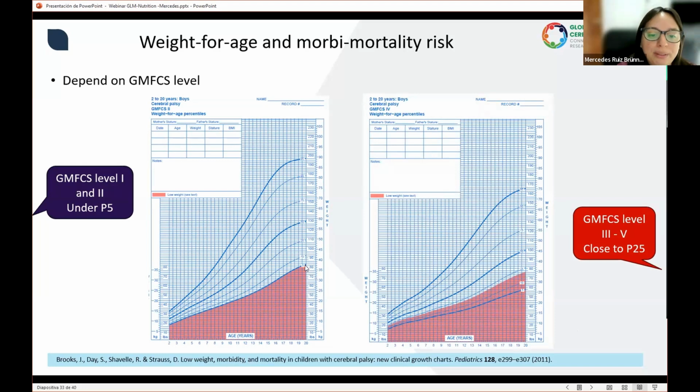So if we say children with CP in this growth chart under the percentile 5 have undernutrition, we'll be making a wrong diagnosis in more severe cases because we cannot use percentile 5 as a cutoff point. They don't have a cutoff point for what is undernutrition, stunting, or wasting. So we can use them and know that they are in this higher risk zone.